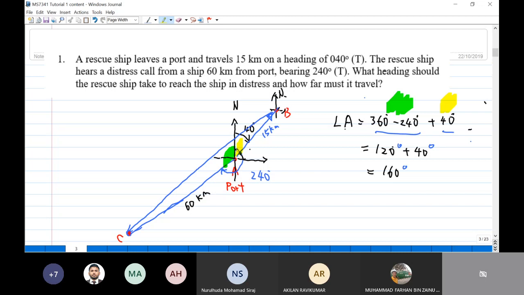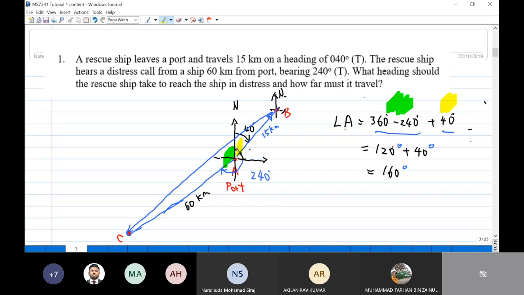Angle B, maybe can I find it? Usually when you try to find the other angle, you need to use the sine law or cosine law. Most likely I can use the cosine law, because I think I have two sides and one angle already.